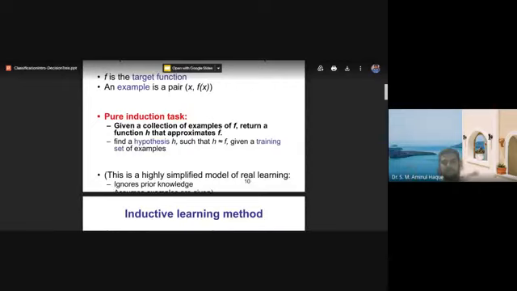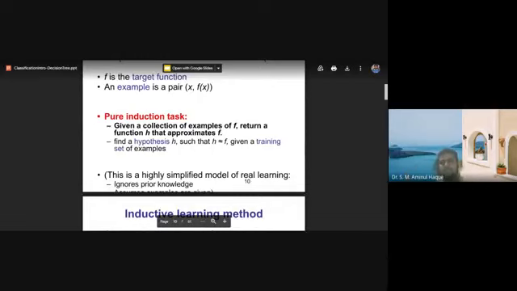If the hypothesis that our algorithm is making is close to f, because f gives you an exact value, right? You give x, and f gives you a value which may or may not be true, but you get a value.